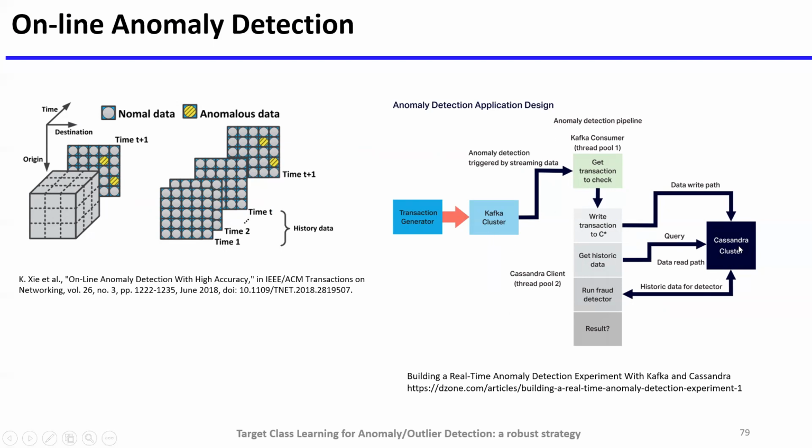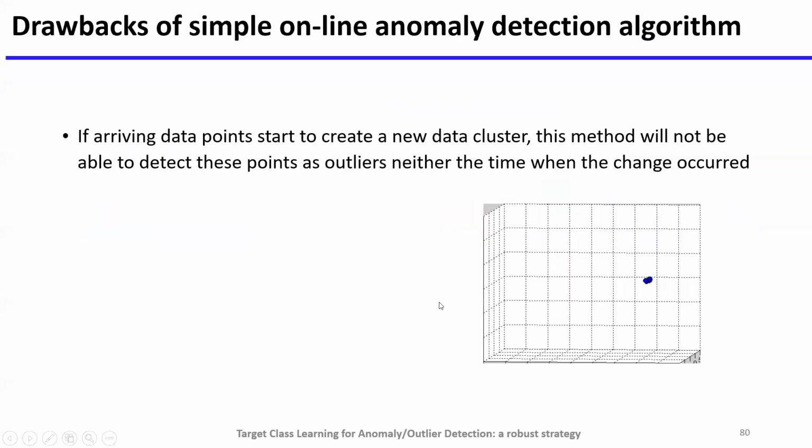Through the Kafka cluster we are trying to give the data as an input, and this data is going to represent the whole pool, and the whole pool is trying to calculate the real-time anomaly with the help of the Cassandra cluster, and this Cassandra cluster is having the historical data for reference for the comparison purpose. So it can work with the streaming data for this purpose.